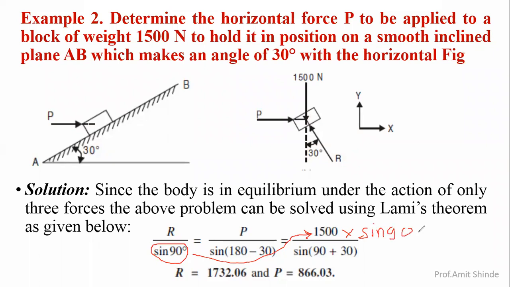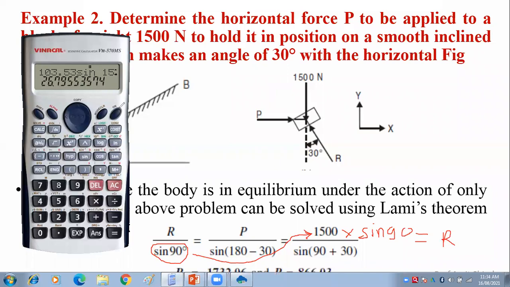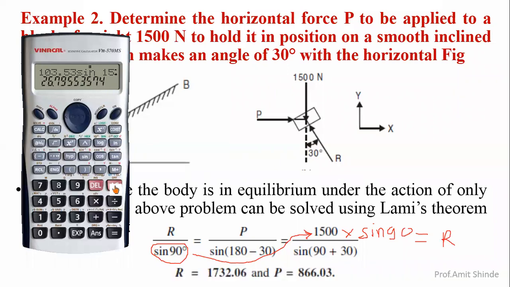Then we get the resultant R. Now let us make the calculation: 1500 into sine 90 divided by sine of 90 plus 30, which is sine 120, is equal to 1732 Newton. This is the value of R.